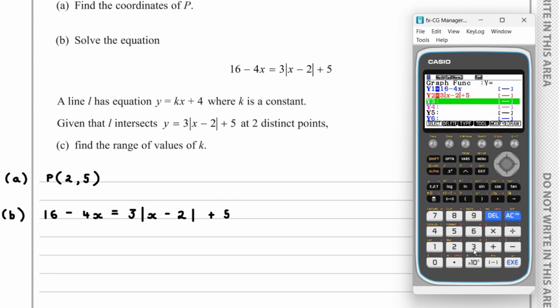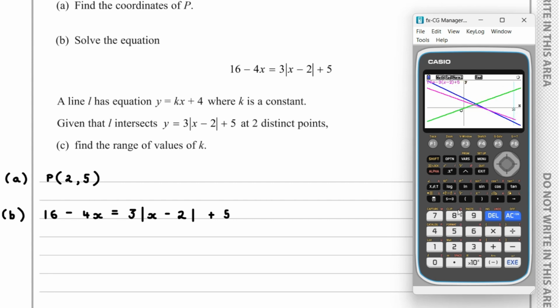So let's draw the graph of y equals 3 multiplied by x subtract 2 plus 5, and let's also draw the graph of y equals negative 3 multiplied by x subtract 2 plus 5.